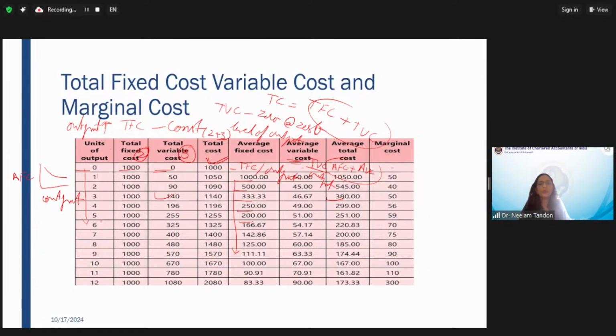Once you have the average total cost, you have to find out marginal cost. How do you find out marginal cost? This is change in total variable cost and change in output.